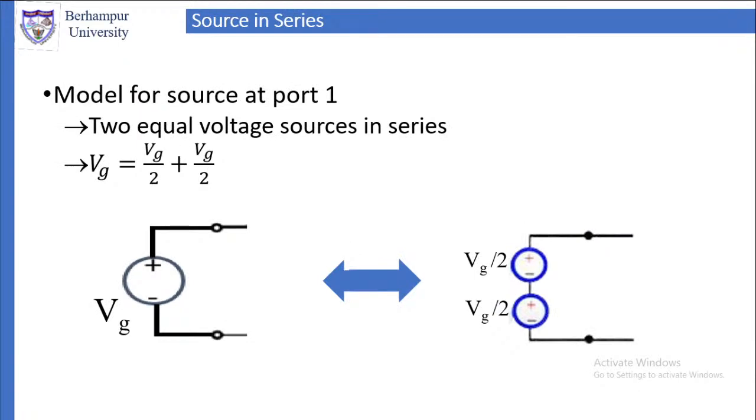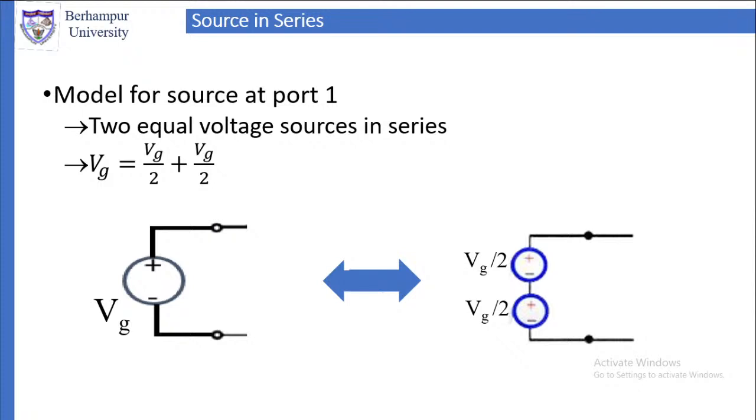How to analyze that? To analyze that, let us remember simple things that we studied in plus 2 science. First, let us model the source at port 1. At port 1 we have Vg. Suppose Vg is a voltage source which is connected to port 1.